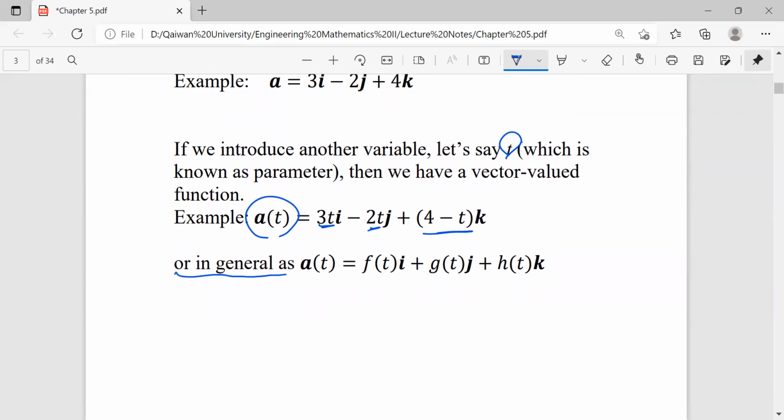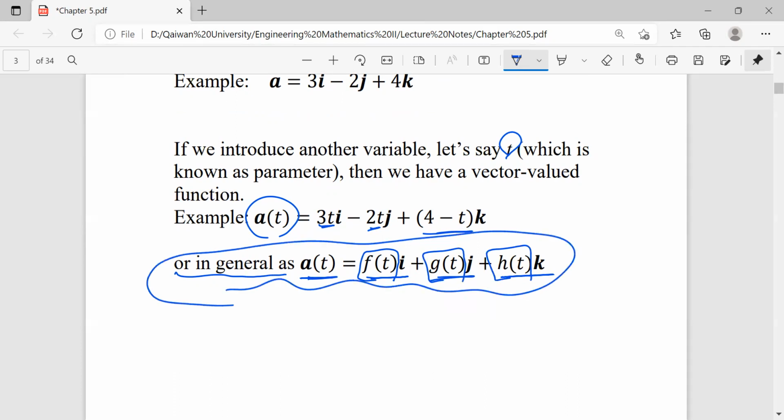Here, in general, A of t equals f of t i plus g of t j plus h of t k. These are functions of the parameter t. This vector is called a vector valued function, because here we have parameters in the components, and the components are not constants.